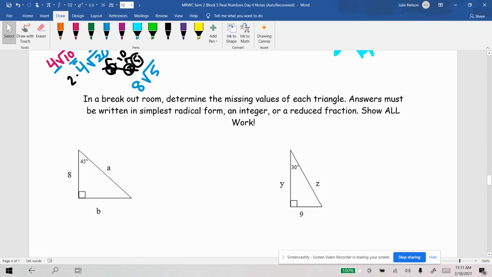So let's try this on your own really quickly just to make sure you got it. So we have a 45, 45, 90 degree triangle. Ask yourself, what do you know about across from each 45 degree angle? Well, they're equal. So if they're equal, that means B has to equal 8 because they're both the same length.